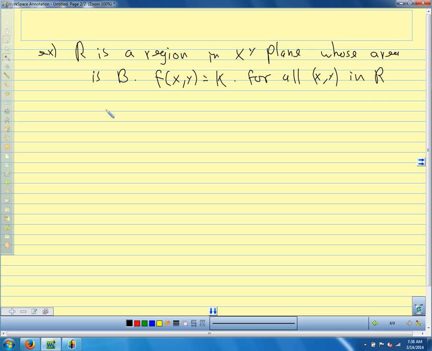So without integrating, what is the value of the double integral over R of f of xy dA?